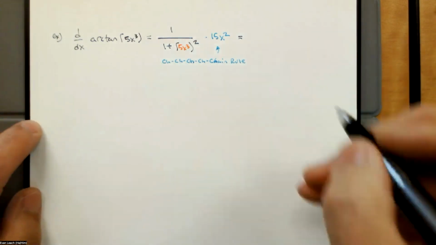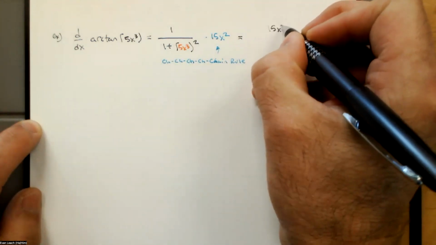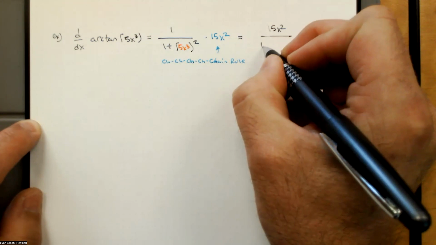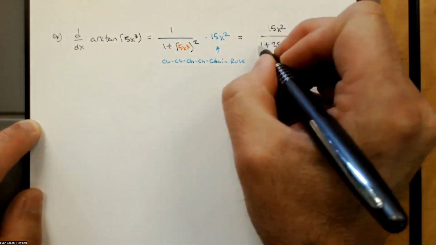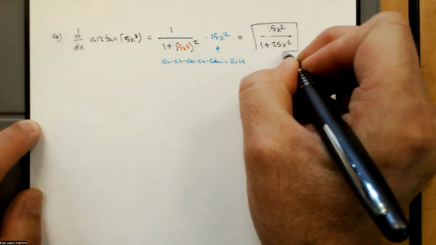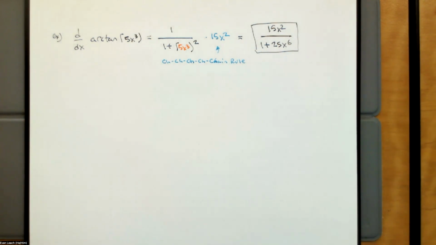So I'll put the 15x squared up on the top. And in the denominator, I'll write 1 plus, let's go crazy, 25x to the 6th. That way we can hide what we did to get this answer.